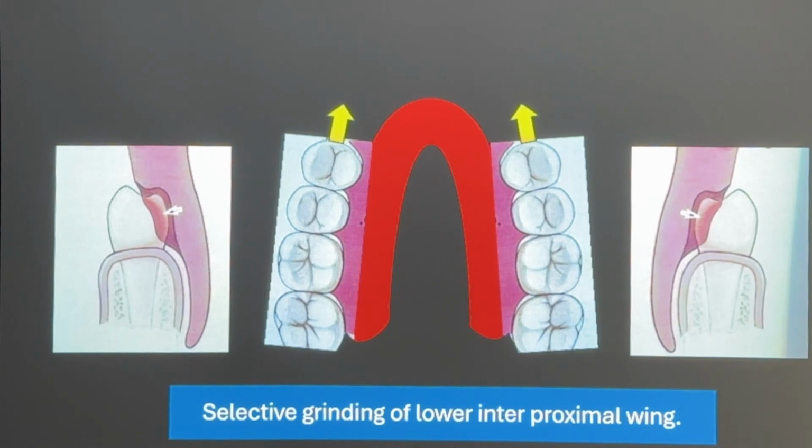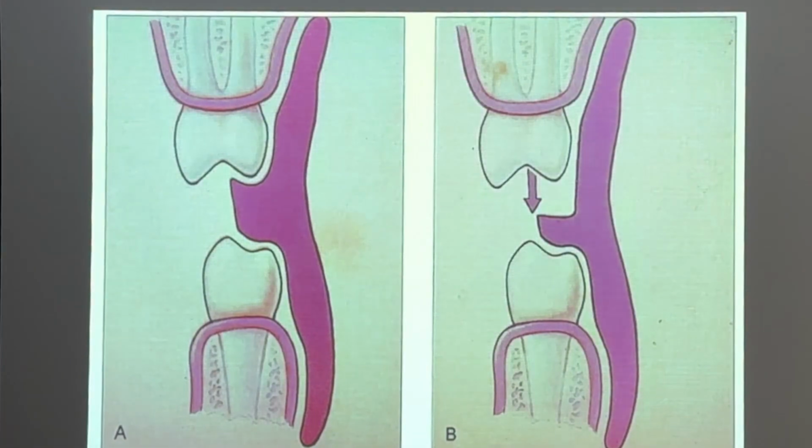And the lower side is reverse. Reverse cutting, reverse select grinding in the wing, the lower wing. If in this situation this tooth is erupting now, even though they are maxillary teeth, we need to make room for the eruption.